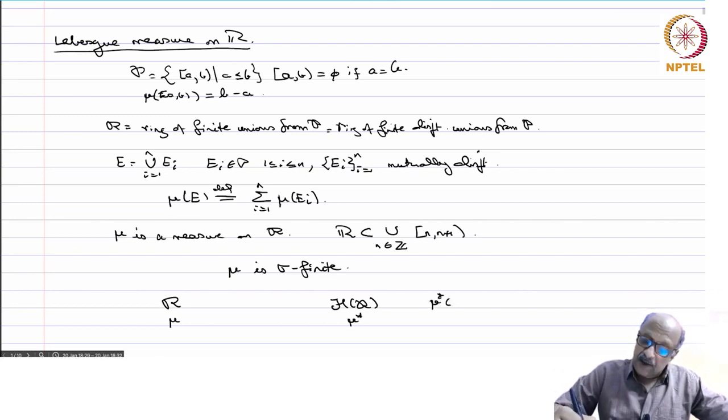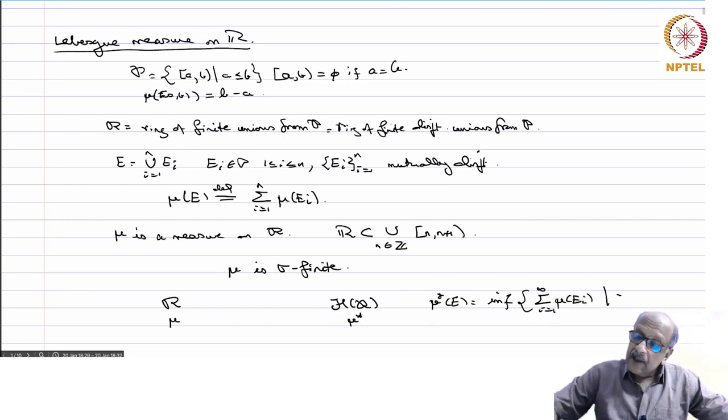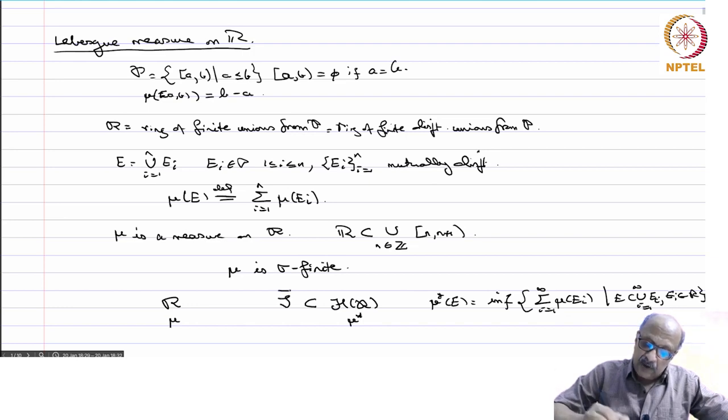So mu star of E equals the inf of the sum over i equals 1 to infinity of mu of E_i, where E is contained in the union of E_i, with E_i in R. So this is the natural outer measure which we have, and then we have the mu star measurable sets S, and there you have mu bar is a measure equal to mu star, and then we saw that it also contains S(R).